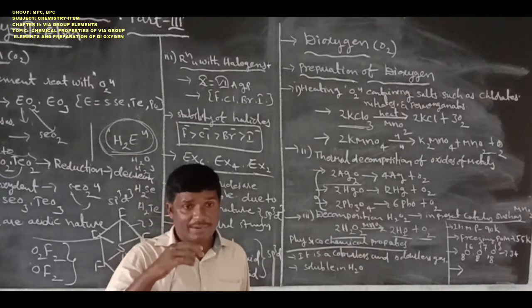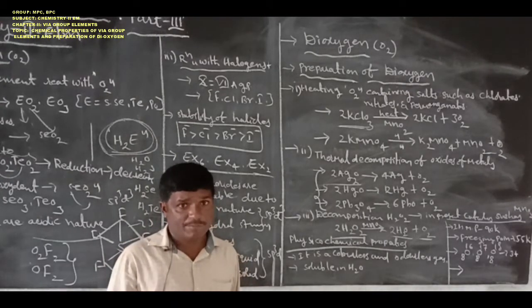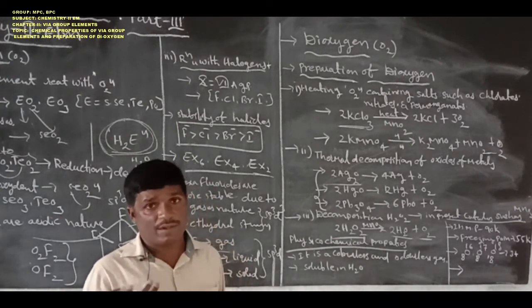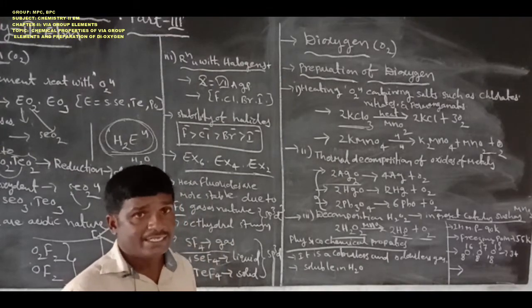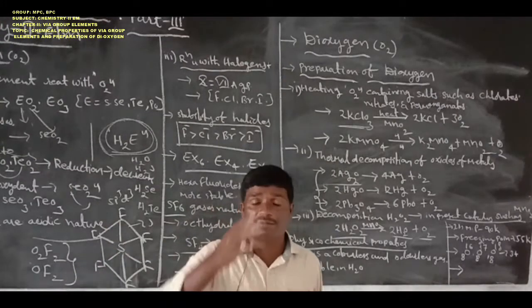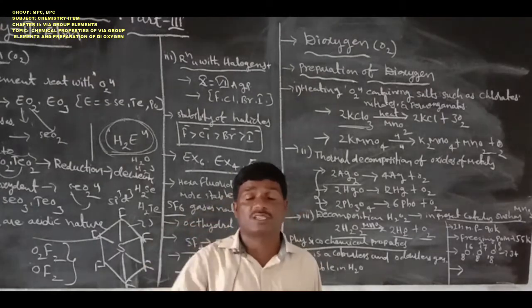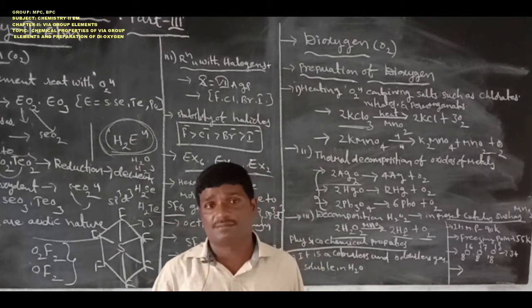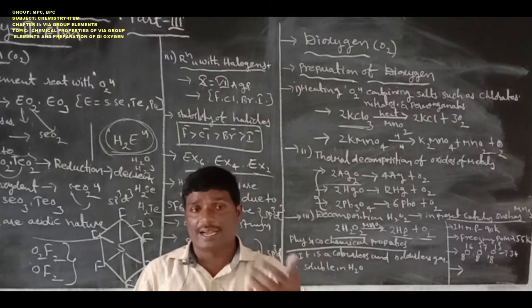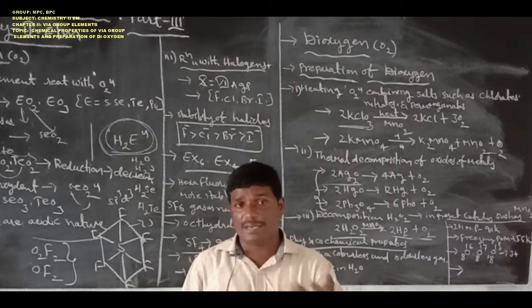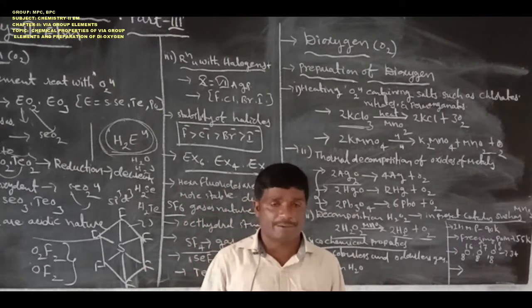Next, oxygen reacts with metals and non-metals. For example, phosphorus reacts with oxygen to form phosphorus pentoxide. Calcium reacts with oxygen to form calcium oxide, also known as quicklime. That is the metal. And for a non-metal, carbon combines with oxygen to form carbon dioxide.